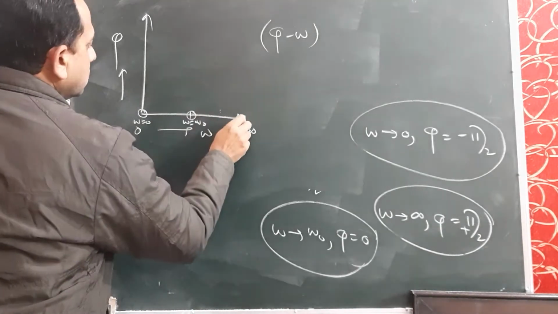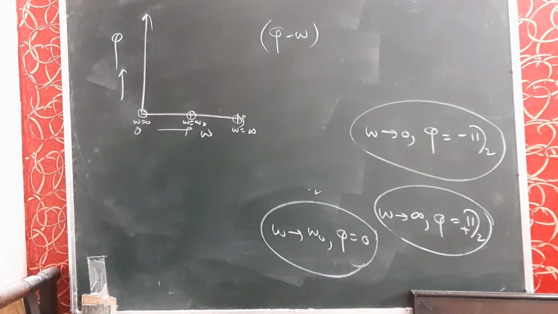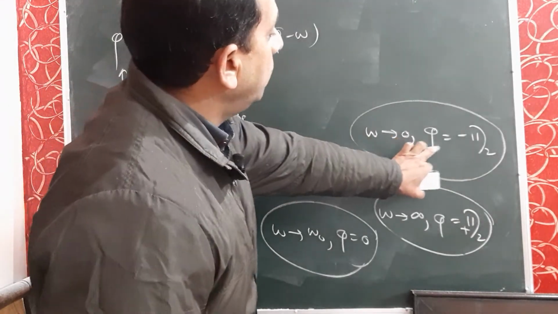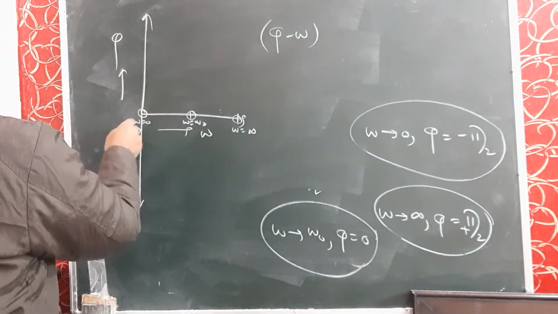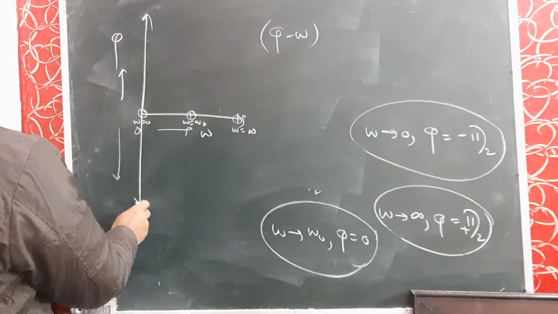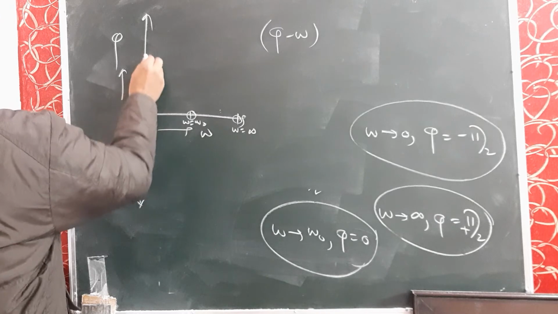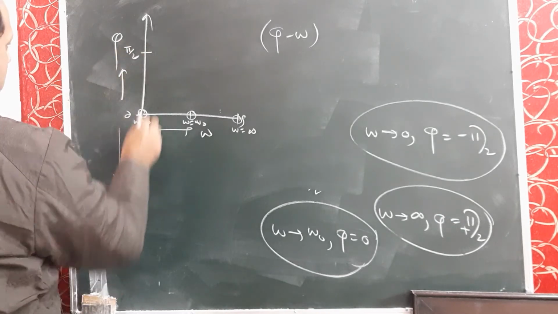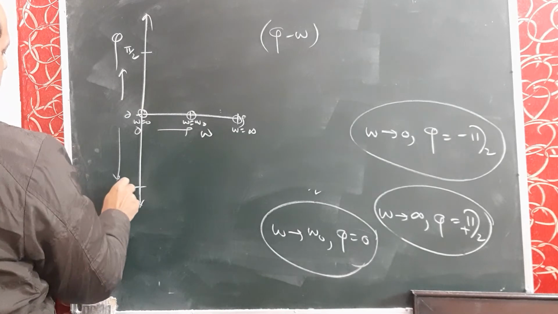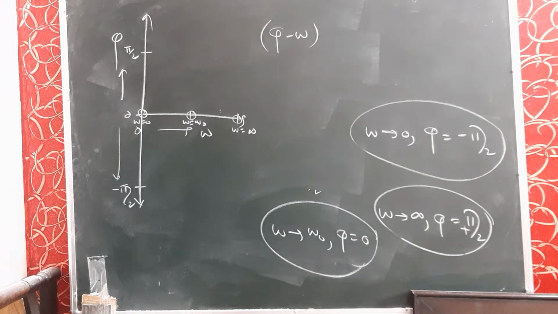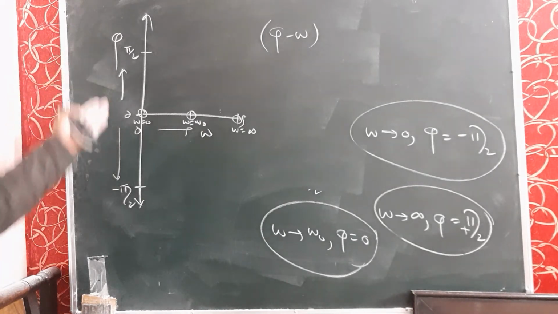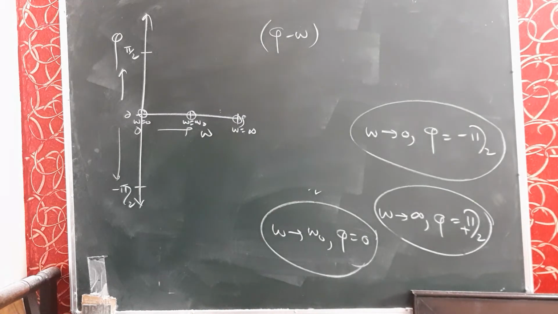When omega tends to 0, phi becomes minus 90, so we have to extend the phi axis to the negative side also: 0, plus pi by 2, and at the same distance minus pi by 2, because there are positive, negative and 0 values of phi. We will consider these values of phi in the graph.